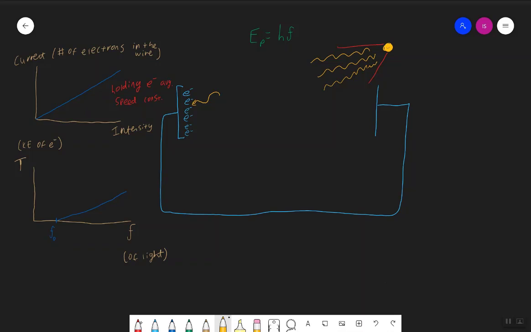So to hit the electron off the metal, the energy of the photon that hits it has to be greater than some threshold energy, which we'll call phi, this Greek letter phi, and this is going to be called the work function.